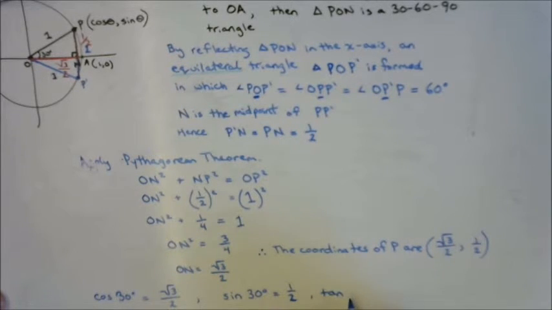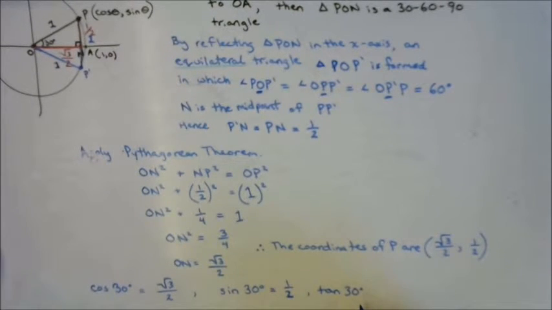And tangent of 30 is y over x, or sine over cosine. So it's 1/2 divided by radical 3 over 2.